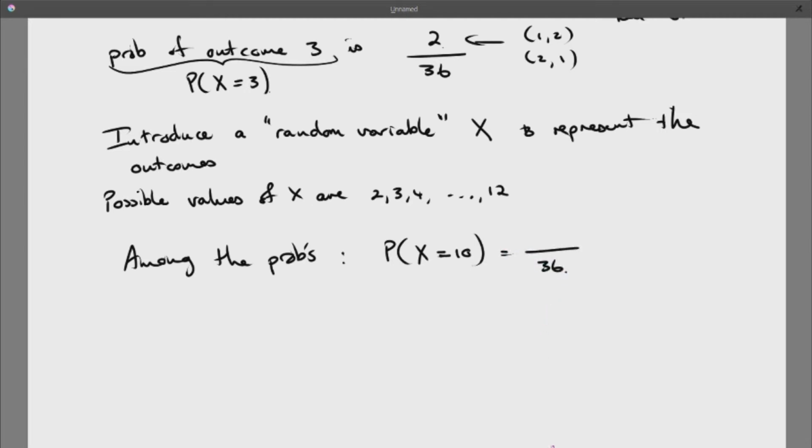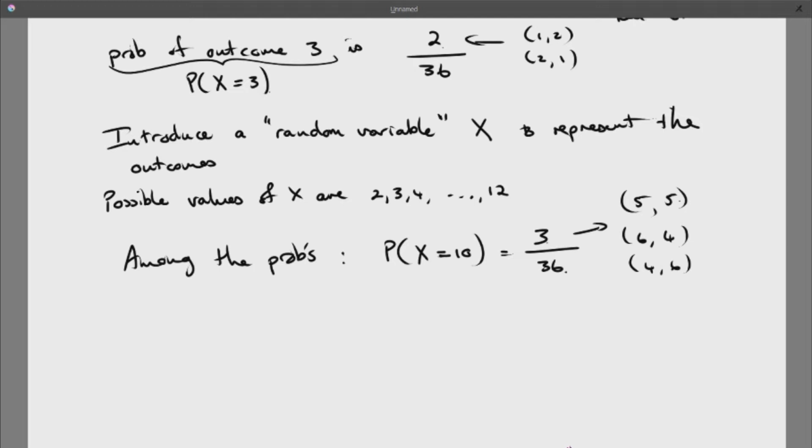So out of the 36, I'm only going to count how many pairs will get me, when I add them up, an answer of 10. Well, certainly 5, 5, right? How else can I get it? 6 and 4, and therefore 4 and 6. Can I get it any other way? No. If I want to use a 3, there's no 7. So that's it. So 3 of them.